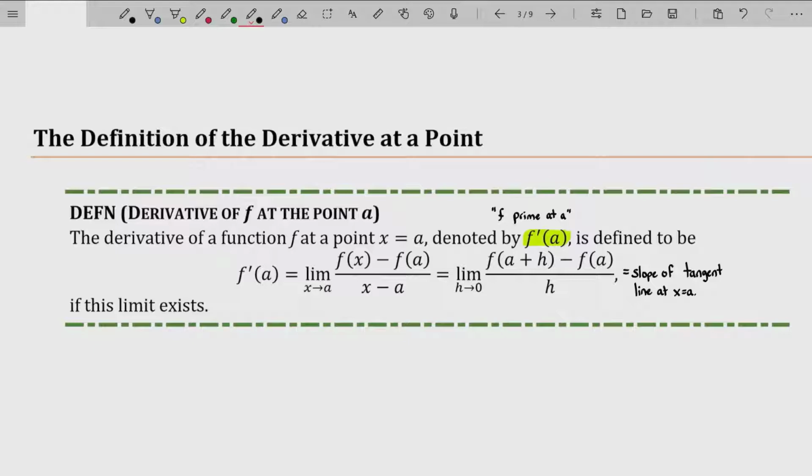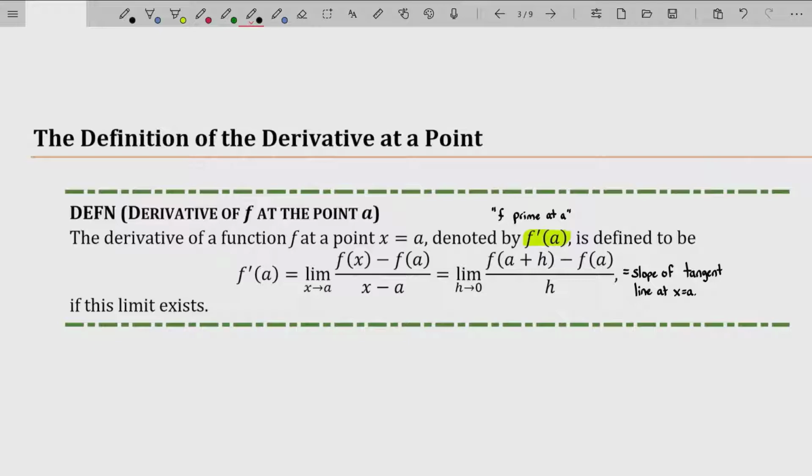So a curve, we do not say that a curve has a slope of whatever. We say the curve has a derivative of whatever, because the derivative of the curve at a point is the slope of its tangent line. So just letting you know, lines have slopes, curves have derivatives.